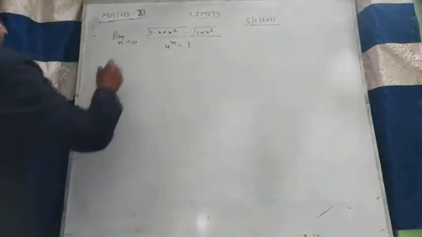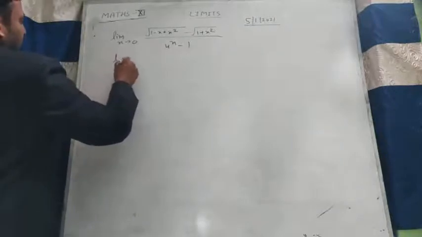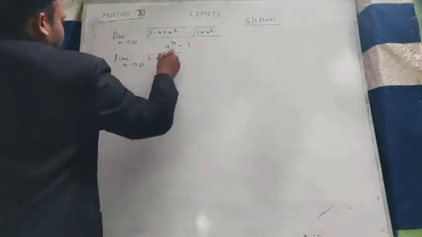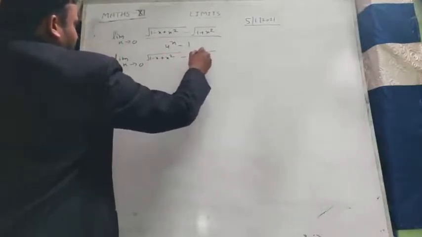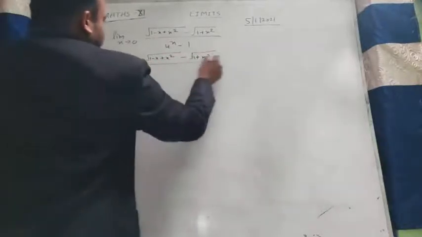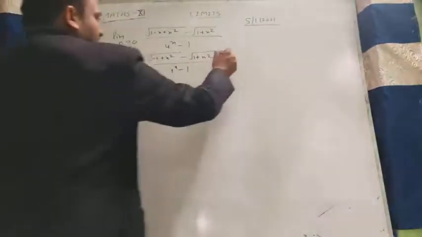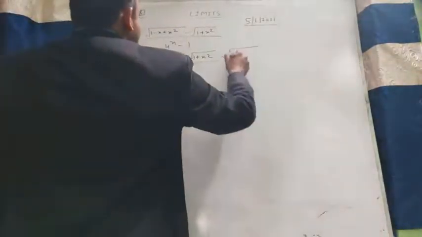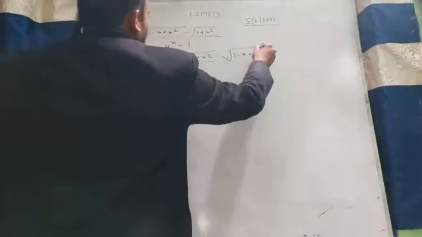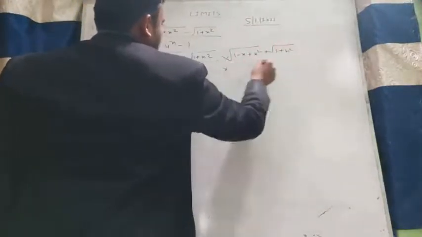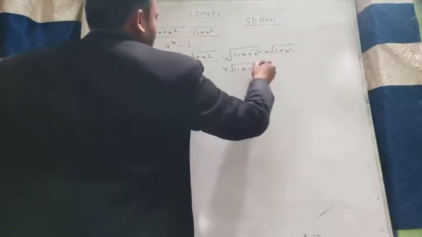Okay, student. Now first of all, we will rationalize this and get 1 minus x plus x square minus 1 plus x square over 4 to the power x minus 1, multiplied by under root 1 minus x plus x square plus under root 1 plus x square, and here also.